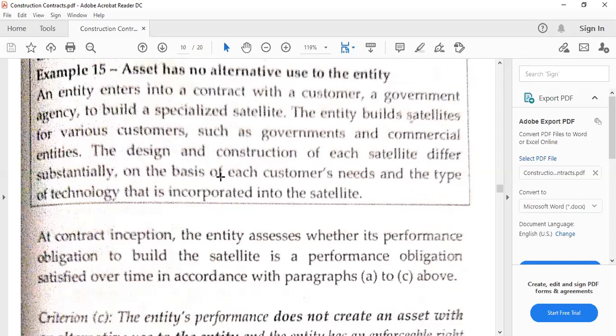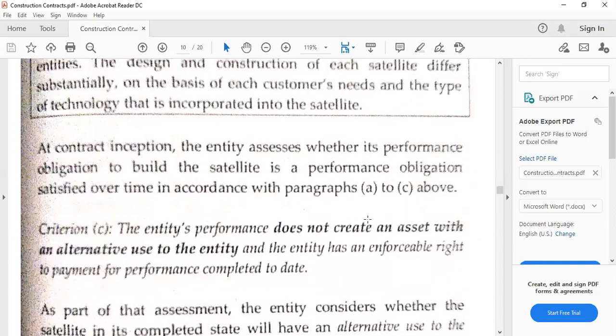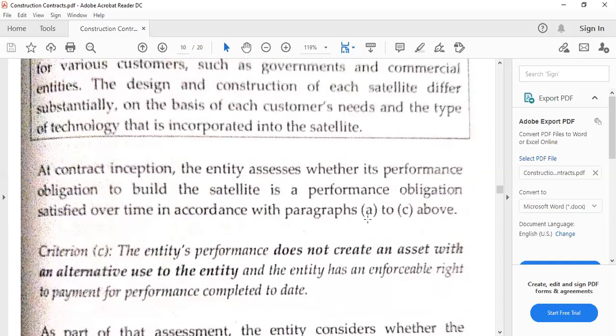So the payment is to be given, and payment can be enforced once a certain satellite has been made or constructed. So meaning it would be per item delivered or finished or completed, not overall a percentage of completion.